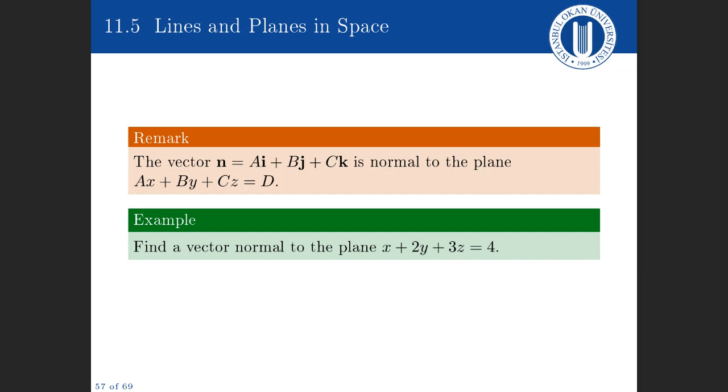For example, find a vector normal to the plane x plus 2y plus 3z is equal to 4. We don't need the number 4. That's not relevant for normal vectors. All we want are the numbers 1, 2, and 3. So immediately we can write down the normal vector is i plus 2j plus 3k.